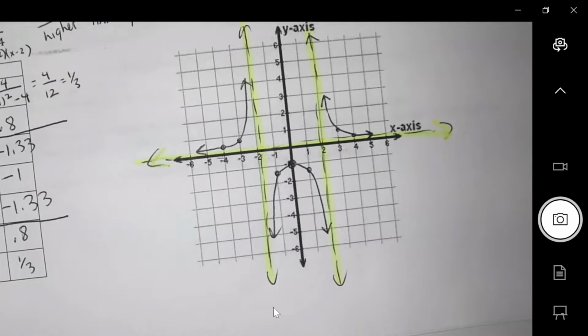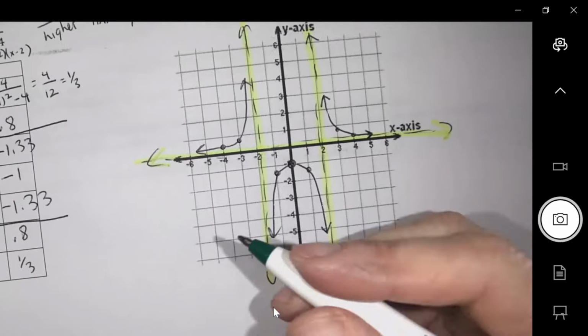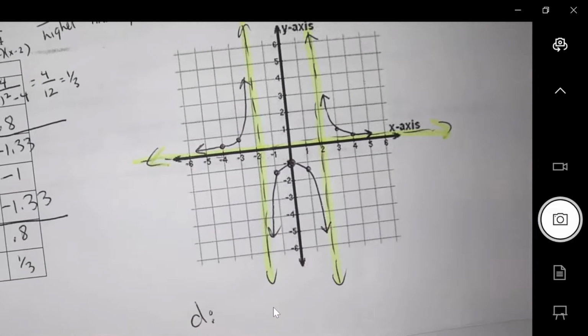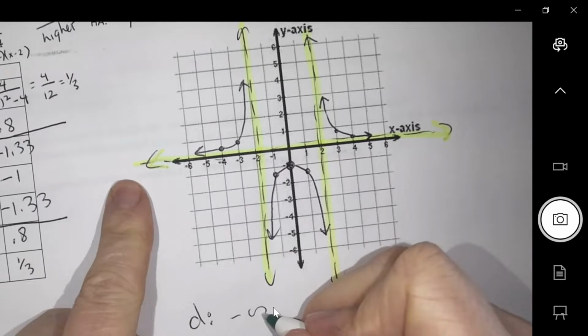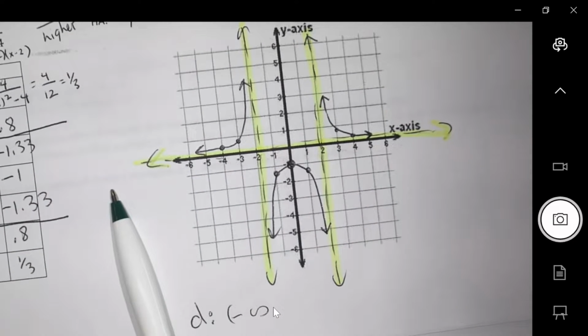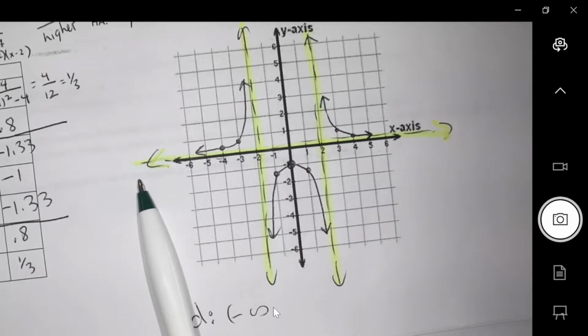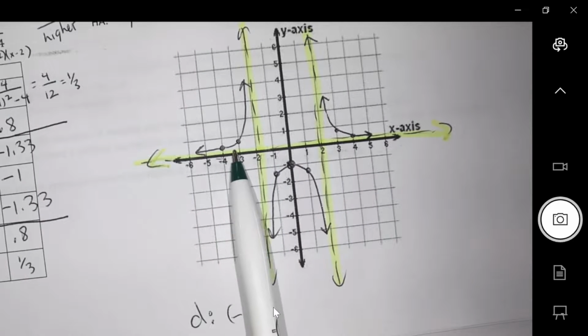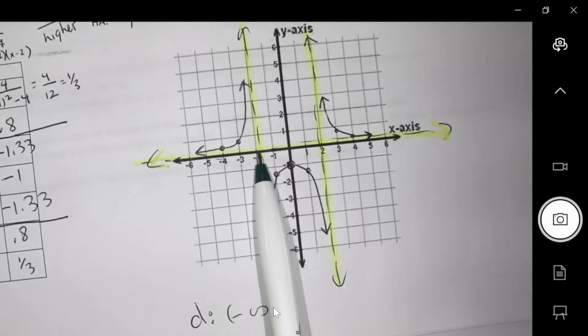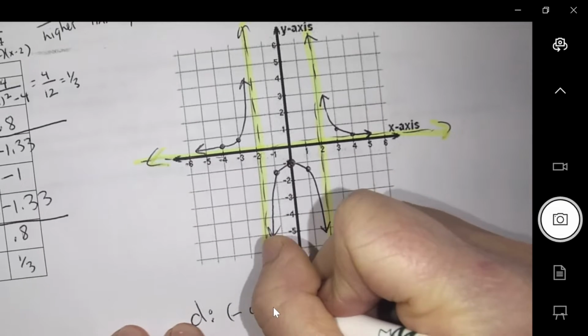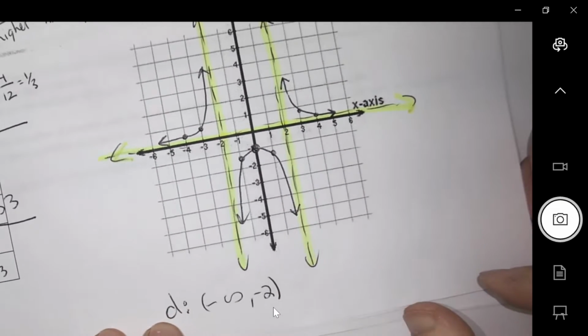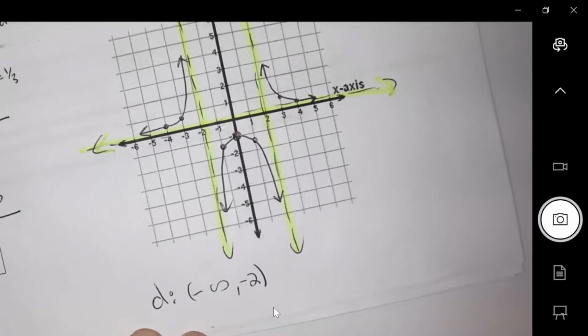Okay, let's practice writing range and domain because I do have one of those on your test. Okay, domain. So the most left I am is negative infinity. Okay, so I'm moving along, I'm still existing, and then when I get to -2, I gotta make a pause.